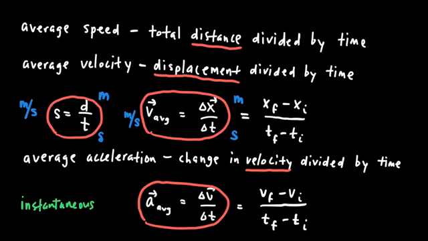So in cases where we are given enough information to calculate the velocity or acceleration at a particular moment in time, or cases where we're given a graph and we can determine the instantaneous velocity or acceleration, then we know the velocity or acceleration at a particular moment in time. But when we use these equations, we are calculating average quantities, which means over a large time interval, what is a good approximation of the velocity or the acceleration.